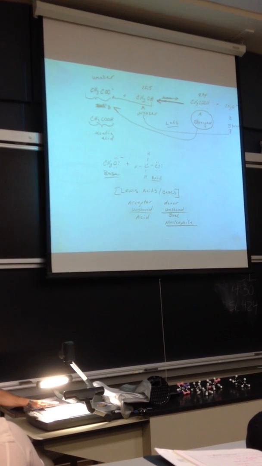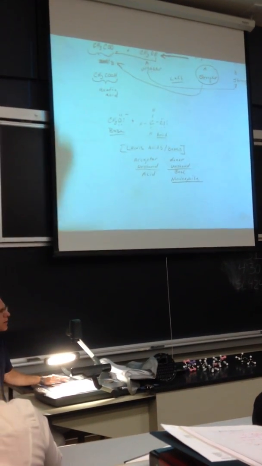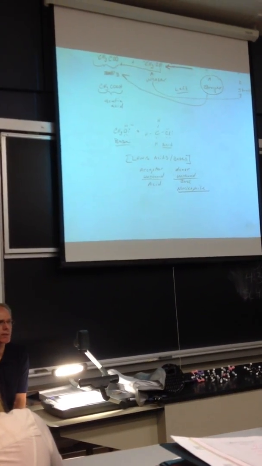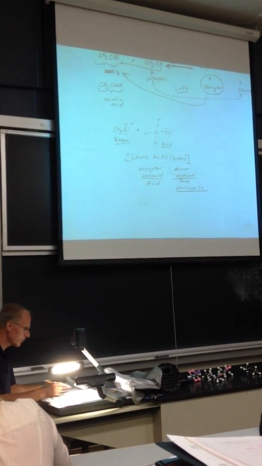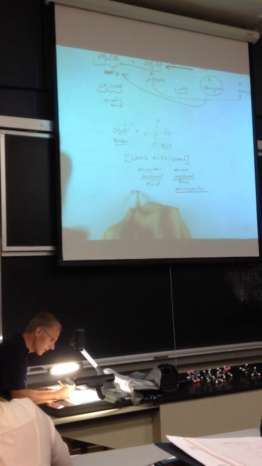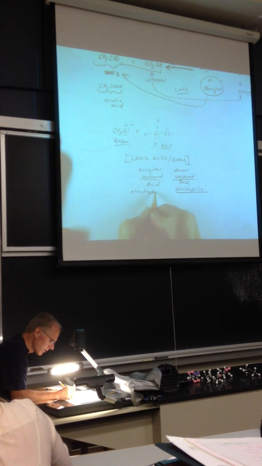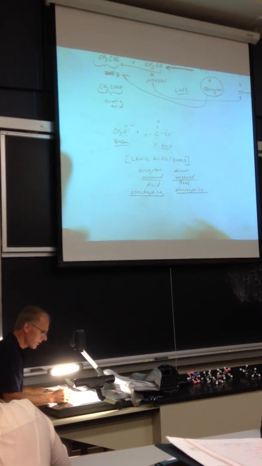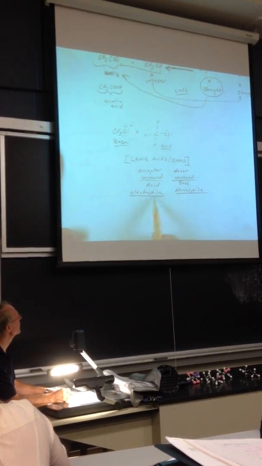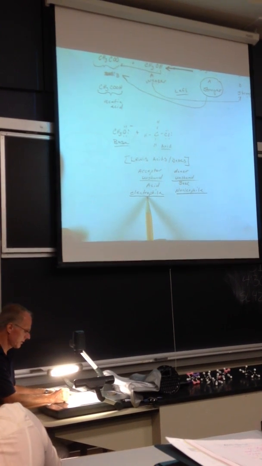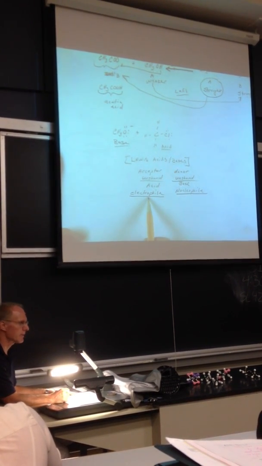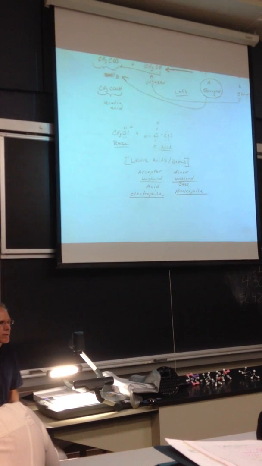We call those a nucleophile because they are seeking out a nucleus to interact with. These we call the electrophile. In other words, these are nucleus-loving species, these are electron-loving species. So the electrophile is the acid, the nucleophile is the base.